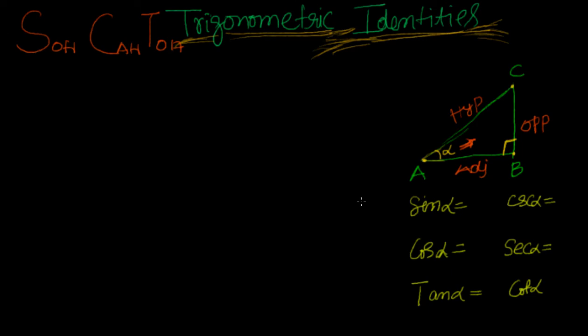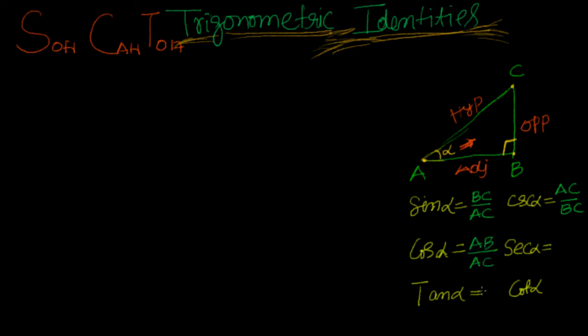Now let's go back and see what is sine alpha. If I look from alpha, opposite by hypotenuse. So can I say it as BC by AC? So cosecant alpha is nothing but AC by BC. Similarly, cos alpha is adjacent by hypotenuse, that is AB by AC.